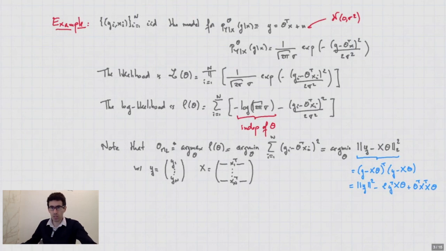So what I need to do here is form the derivative of that norm 2 squared with respect to theta. So I'm going to write the derivative of the norm 2 squared of y minus x theta with respect to theta. Theta here is a vector.